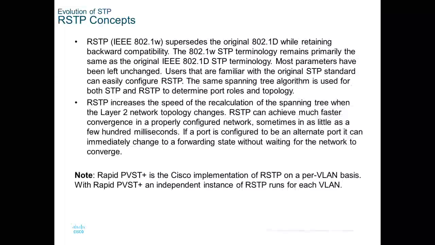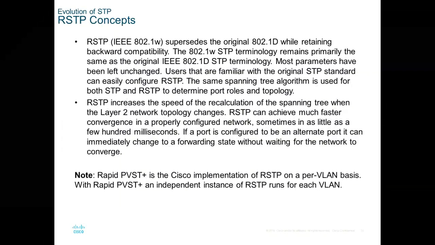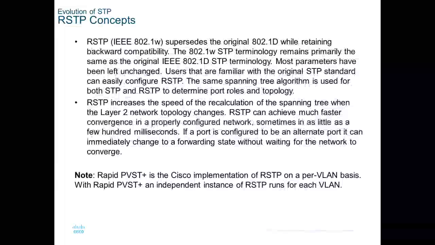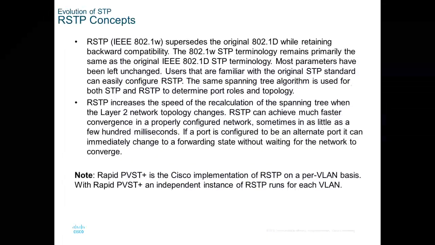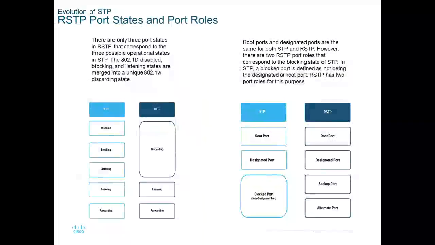But it has some issues, because if everything's in forwarding, then you're going to have loops and that could cause problems. So we've got to have a way of controlling that. But that's for another time. Let's move on to the roles.